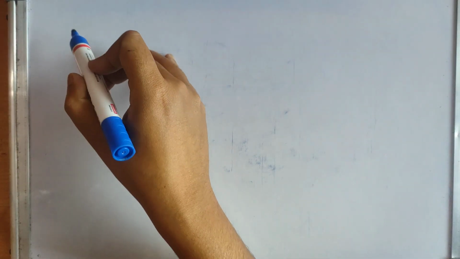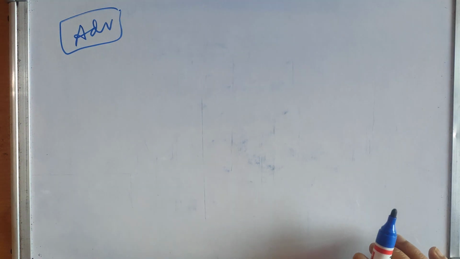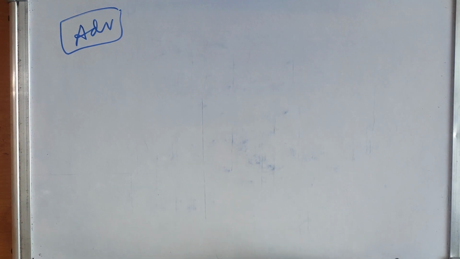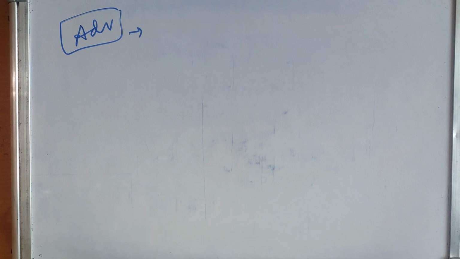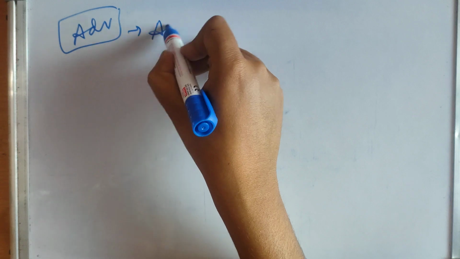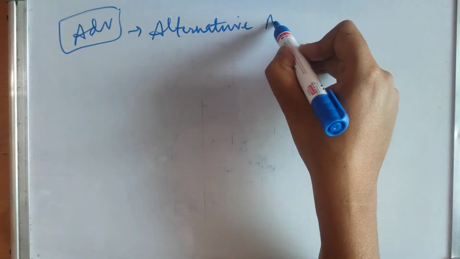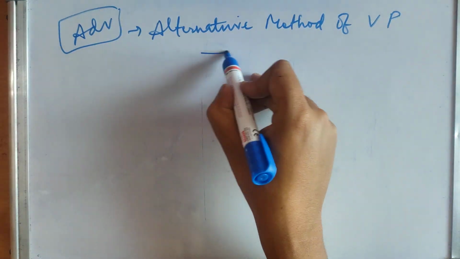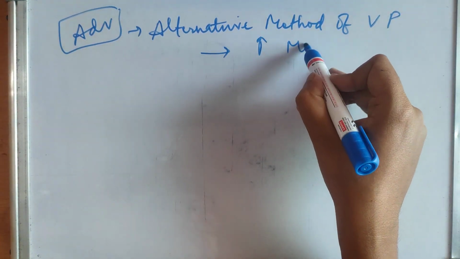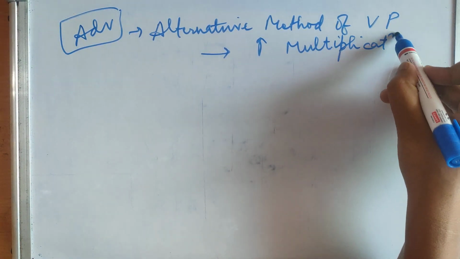First of all, this is an alternative method of vegetative propagation with enhanced multiplication rate, very high multiplication rate.